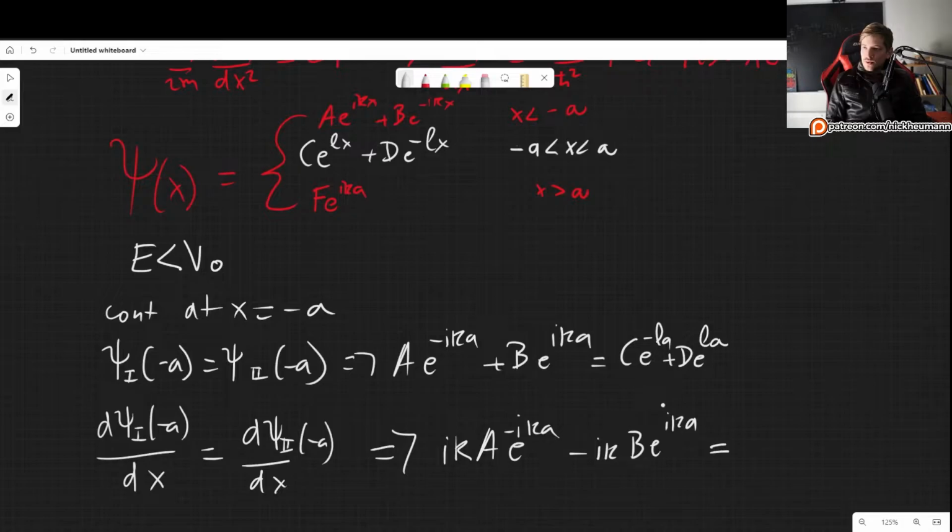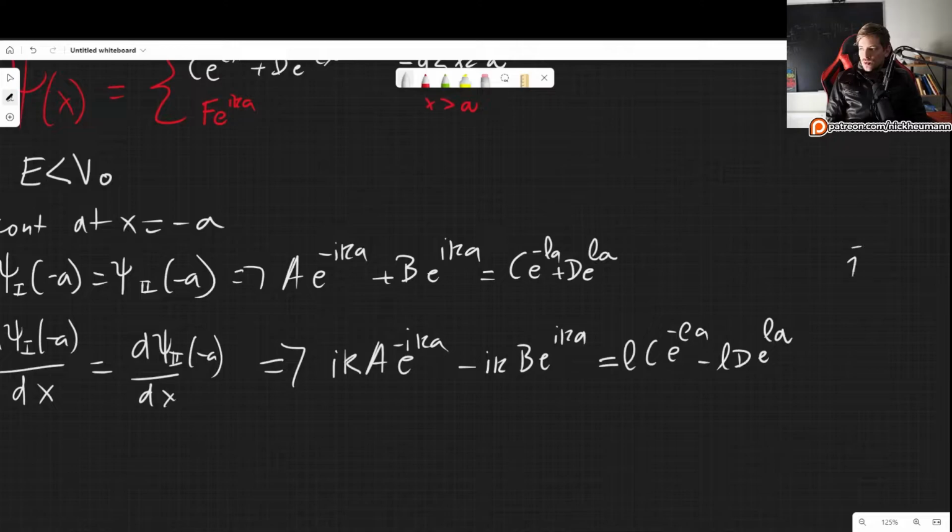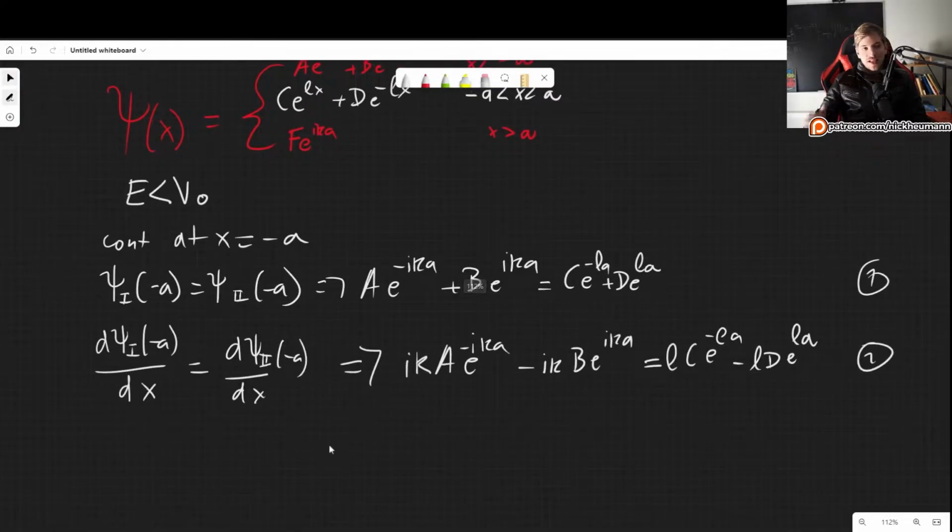And this has to be equal to these derivatives here: L C e to the minus La minus L D e to the La. Okay, so here we have equations 1 and 2, but we still have to apply these conditions at x equals a.